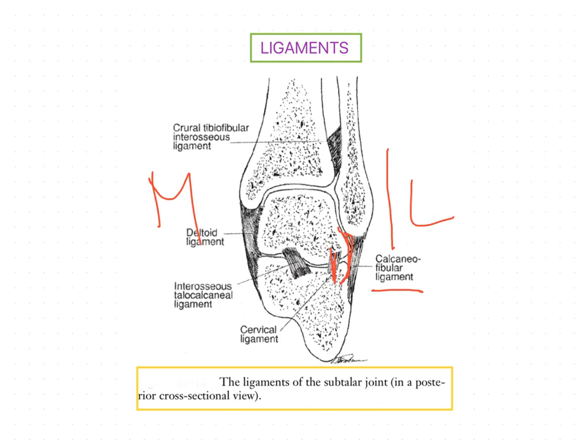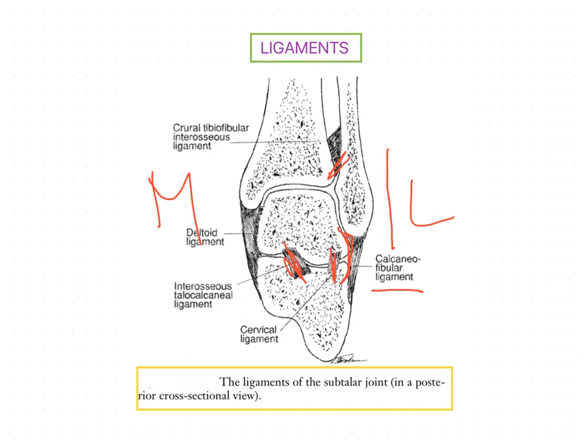Also the interosseous ligament. Here we can find a crural tibiofibular interosseous ligament, which is also giving support here, and the cervical ligament and the interosseous talocalcaneal ligament. So these are the ligaments which are giving support on the lateral aspect.